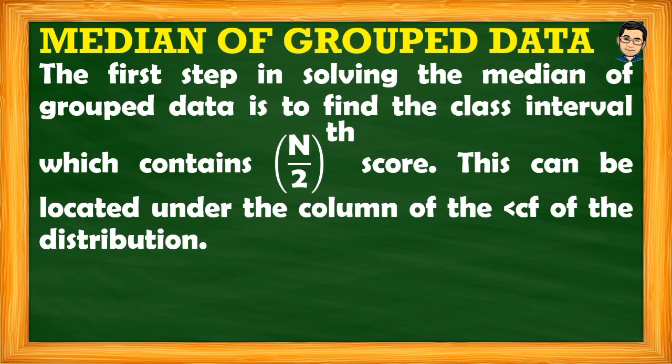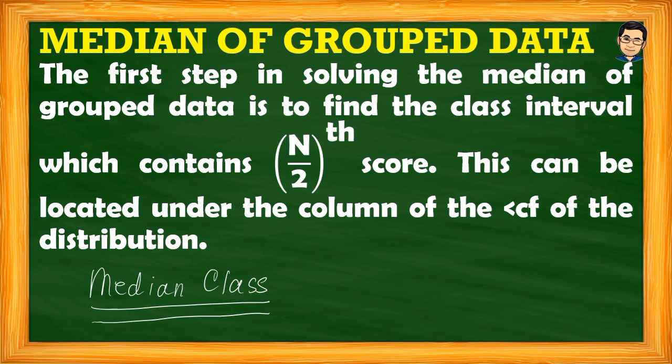So, the first step in solving the median of group data is to find the class interval which contains the n over 2 score. Okay, so, ang unang step natin na ginagawa kapag nagsosolve tayo ng median is yung pagkuha ng tinatawag na median class. Okay.